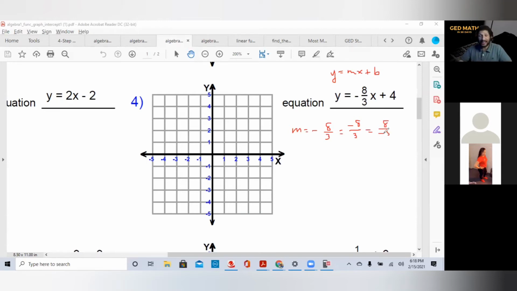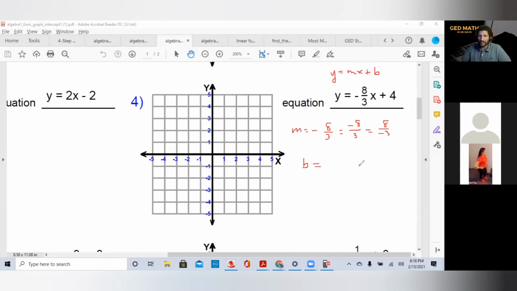So your question was, is it always negative? No, it depends upon your graph. In this case, we could use rise as -8 and your run as +3, or we could use our rise as +8 and our run as -3. So it all is dependent upon what our y-intercept is.